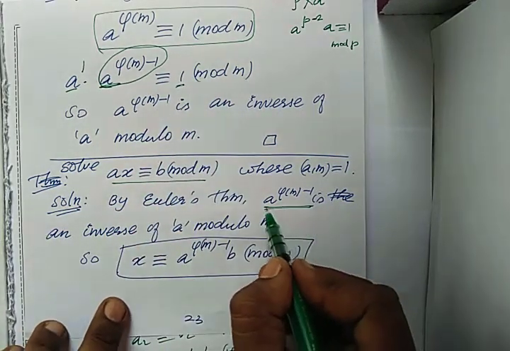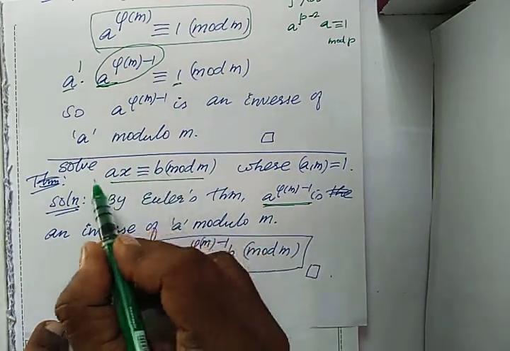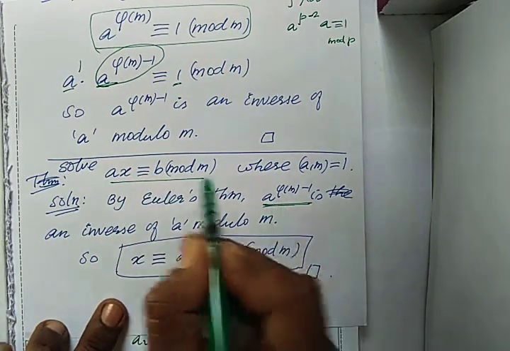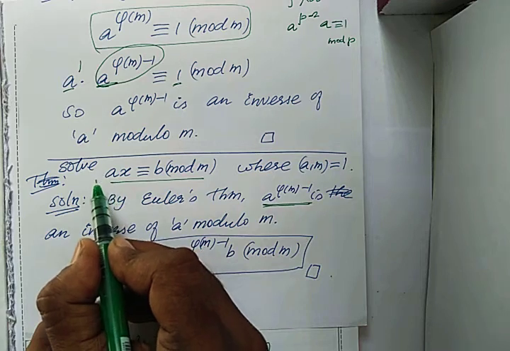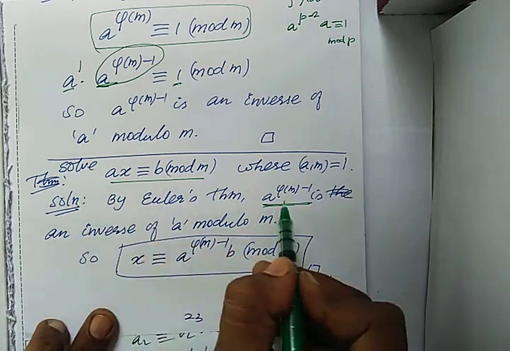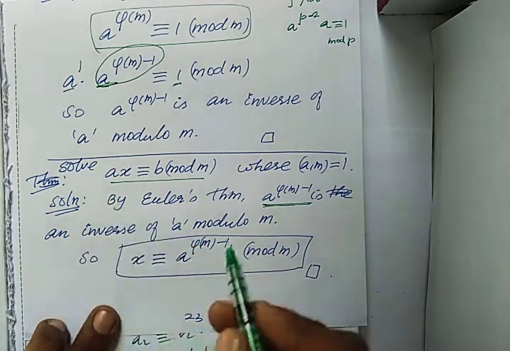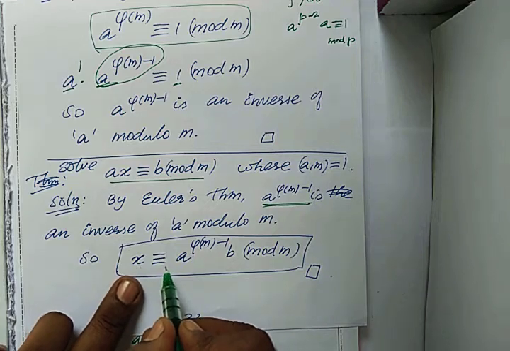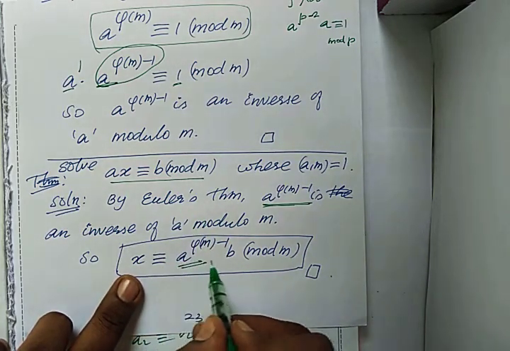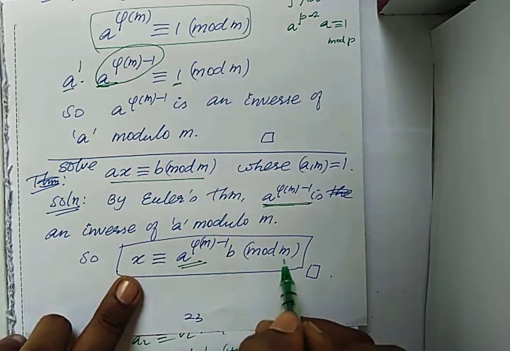So I am multiplying this number on both sides. If I multiply the left side by this number, I am getting 1. So I am getting x is congruent to the right side alone, that number into b mod m.